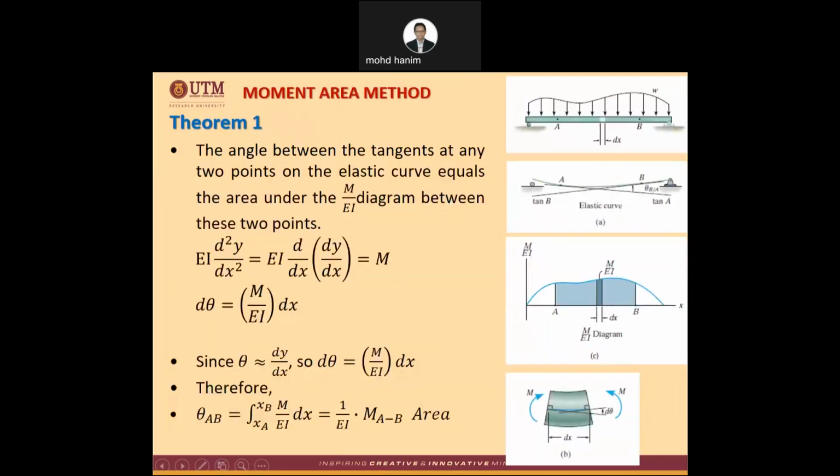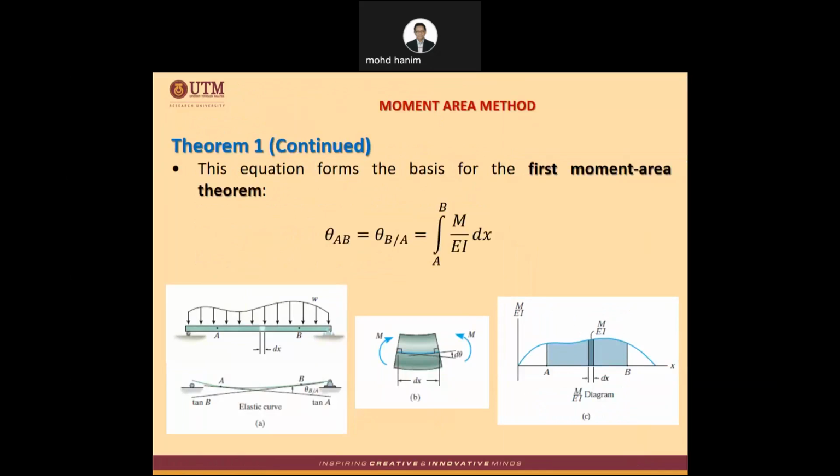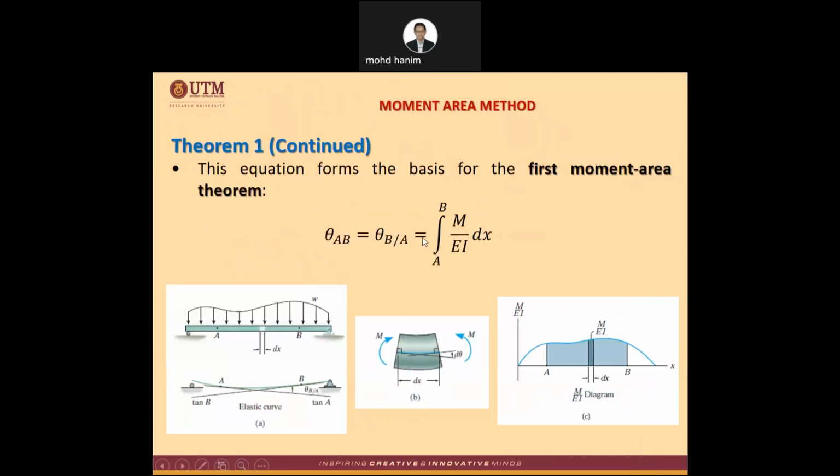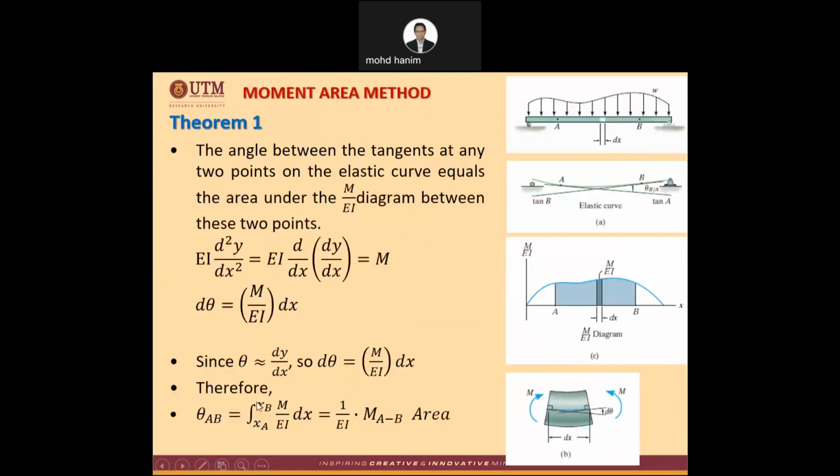This is the first moment area theorem, where theta AB equals the integration of M over EI dx between xb and xa, and it is equal to the area of this segment between A and B.